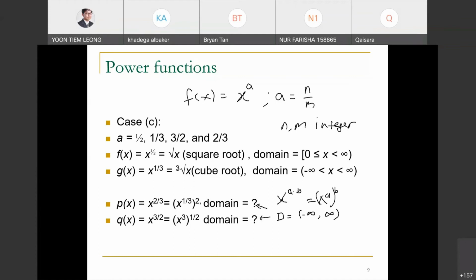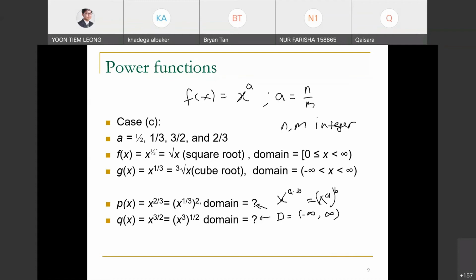Now, sometimes it's very confusing, right? To me, sometimes when the power is raised to fractions, for the denominator in the a, if it's even, then the domain cannot include the negative side.